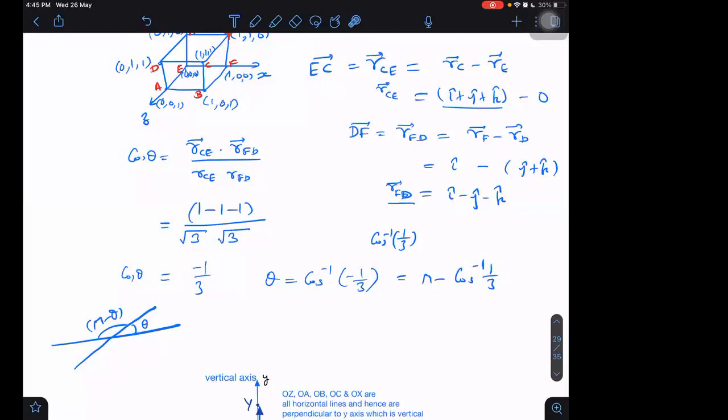So for some body diagonals, it may come out to be pi minus cos inverse 1 by 3, because I may take this angle, or it may come out to be just cos inverse 1 by 3. But the angle between these two body diagonals will be the same; the answer will be different just because of one reason, whether you have taken RFD or RDF. Okay.